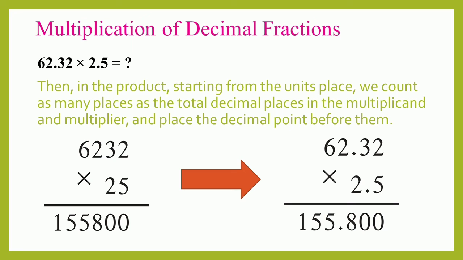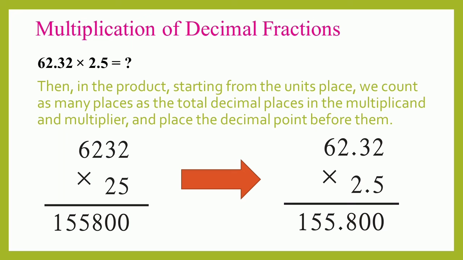Now the second step is, in the product, starting from the units place, we count as many places as the total decimal places in the multiplicand and the multiplier, and place the decimal point before them. In the first number there are 2 places after the point, that is 3 and 2, and in the second number there is only 1 place.